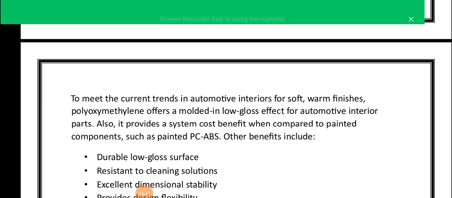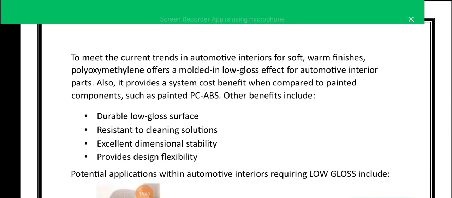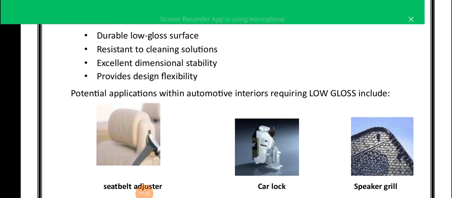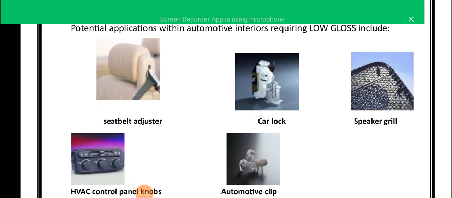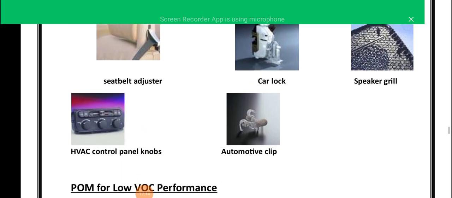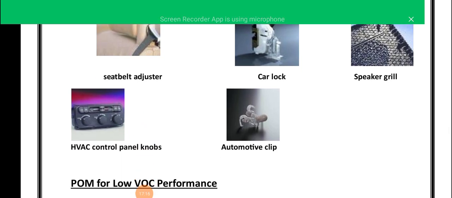Also, it provides a system cost benefit when compared to painted components like PC/ABS, and other benefits include its durable low gloss surface, it is resistant to cleaning solution, it has excellent dimensional stability, and it provides design flexibility. The potential applications within automotive interiors, which require low gloss, include seatbelt adjuster, cord locks, speaker grill, HVAC control panel knobs, automotive clip.